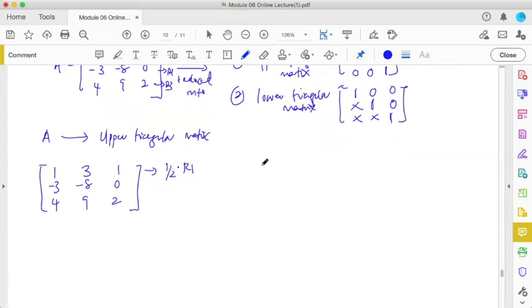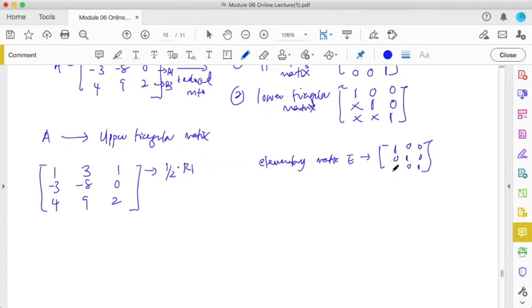So let's introduce another matrix, which is called the elementary matrix. The elementary matrix E will have a standard form of an identity matrix, where the diagonal elements consist of 1 and the rest of the elements are zeros.